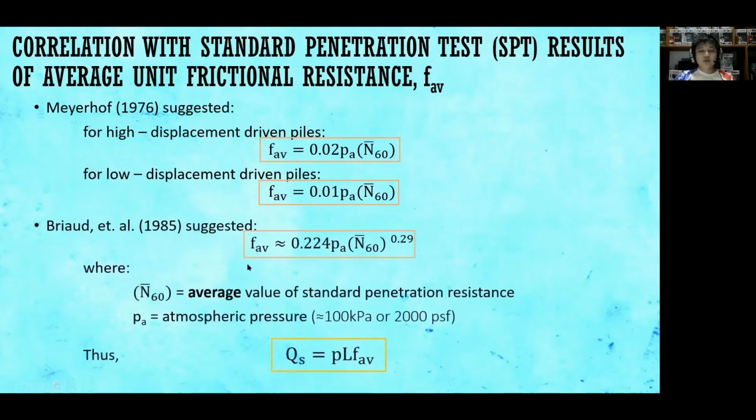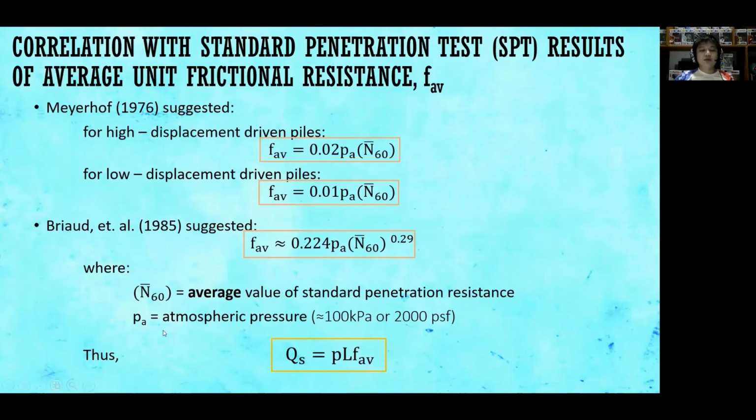And according to the second method, which is from the study of Brown, they suggested that F average is about 0.224 times PA times N60 bar raised to 0.29, wherein N60 bar is the average value of standard penetration resistance, or the average of all N60 within the range of the pile length, that is from ground surface towards the pile tip.